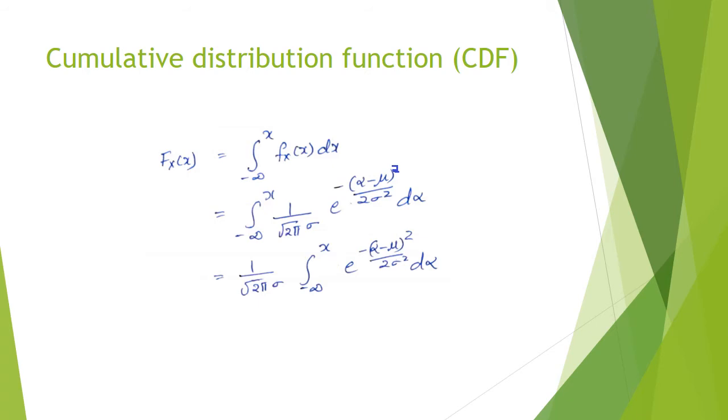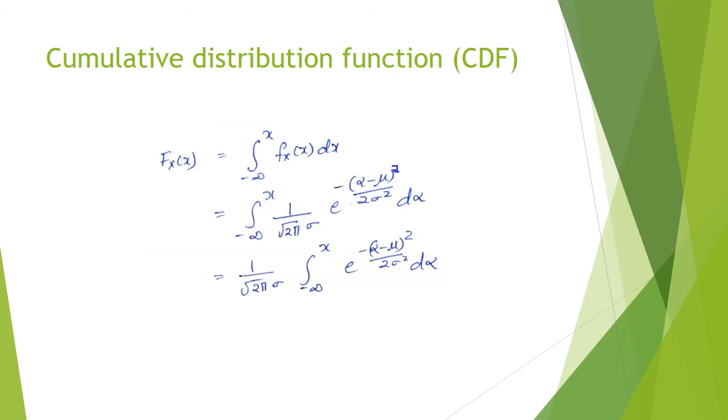If you substitute for fx of x, we know that fx of x for Gaussian is 1 by root 2 pi sigma e raised to minus x minus mu whole square divided by 2 sigma square. In order to avoid confusion between the x here and here, I am using a different notation for the variable, alpha. So alpha minus mu whole square divided by 2 sigma square, and instead of dx, I am using d alpha.